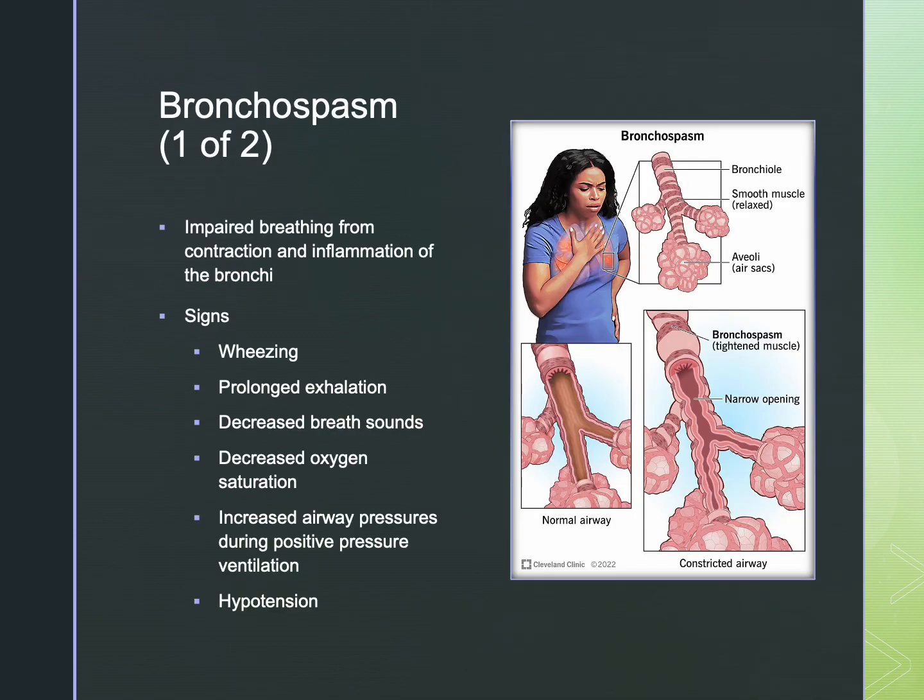Bronchospasm is defined as impaired breathing from contraction and inflammation of the bronchi. Bronchospasms may be triggered by mechanical or chemical means. So mechanical, an example of that would be the insertion of the ET tube.